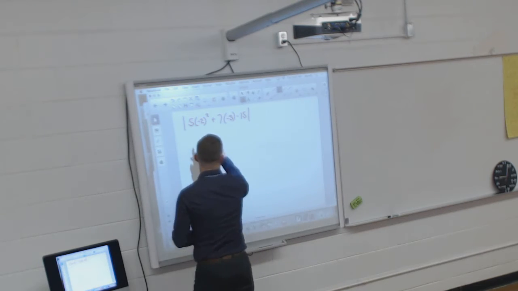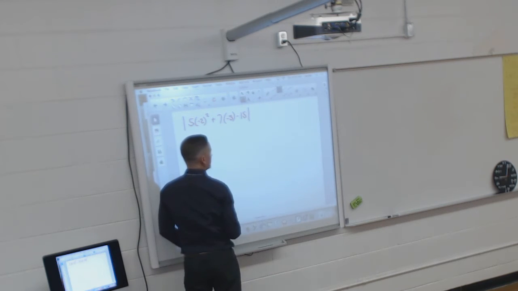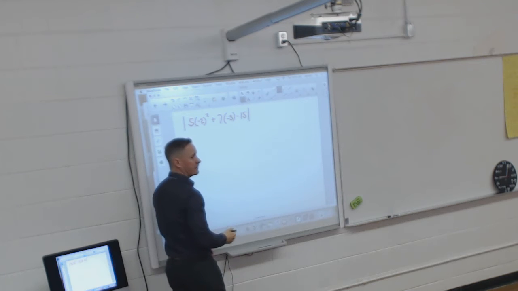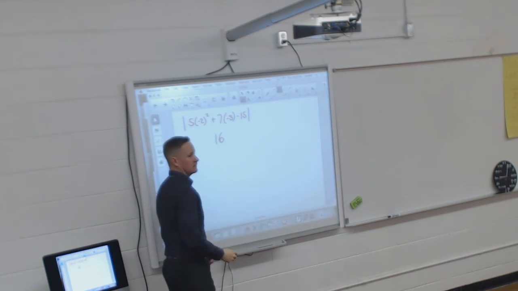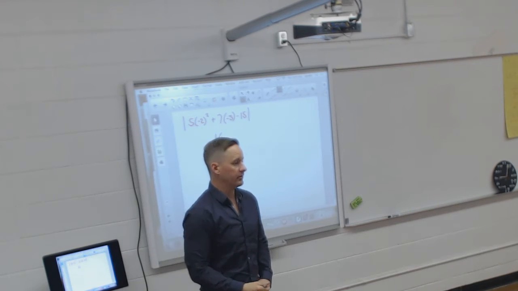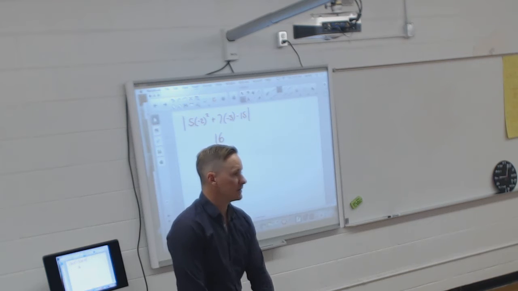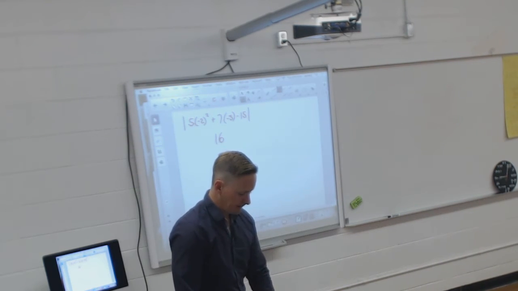So negative 2 squared is 4, times 5 is 20. 20 subtract 21 is negative 1, subtract negative 15, then absolute value. Okay? So you have to be aware of where you're taking the absolute value. Does that make sense? Okay.